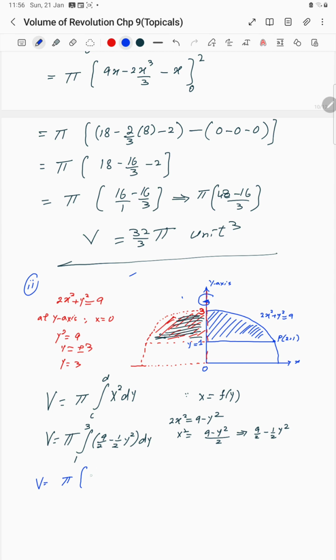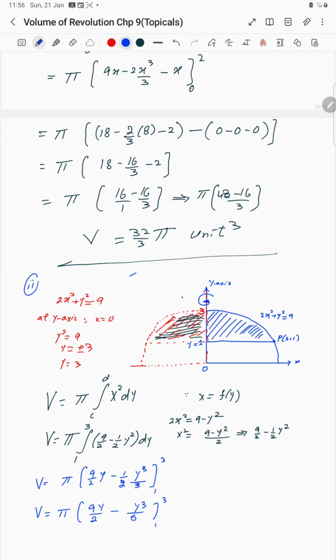First one, 9 by 2 is a constant, so 9 by 2 of y, and y square will be y cubed by 3, and limit 1 to 3. Before we apply the limit, you can further simplify it: 9y by 2 minus y cubed by 6, from 1 to 3.